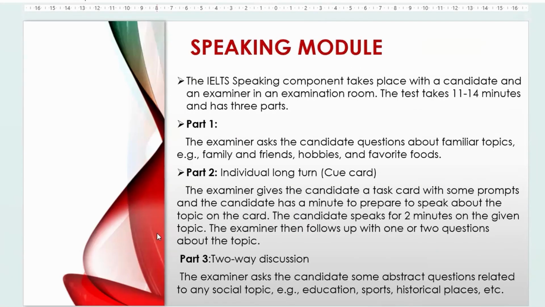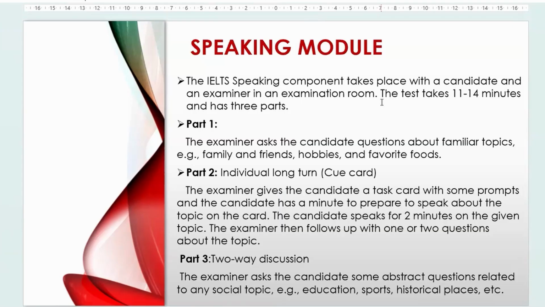Okay. Now I'm talking about the speaking part. Speaking goes for 11 to 14 minutes, and it has three parts. Part 1 is the intro part or introduction based. That will go for 4 to 5 minutes. In this part, the examiner asks the candidate questions about familiar topics such as family and friends, hobbies, and favorite foods, and one has to speak over it.